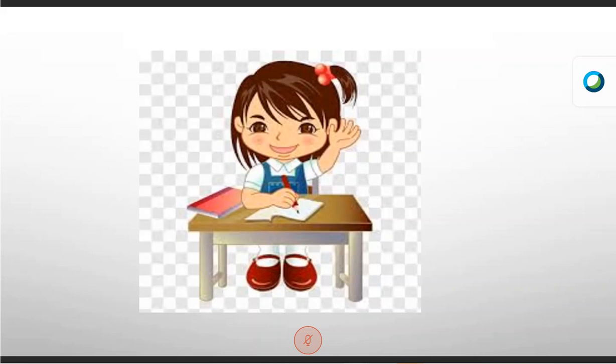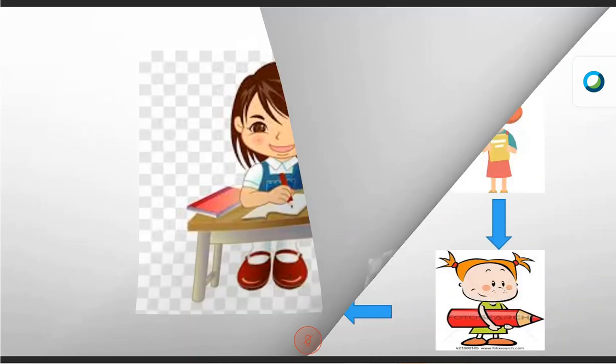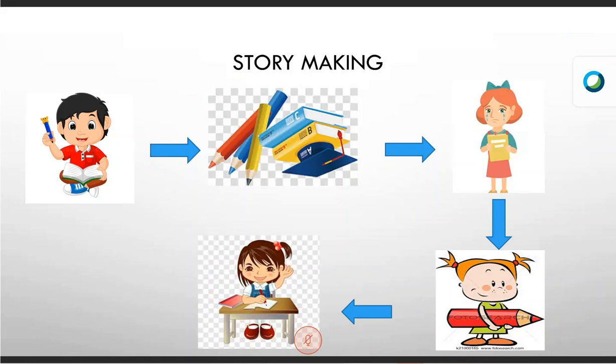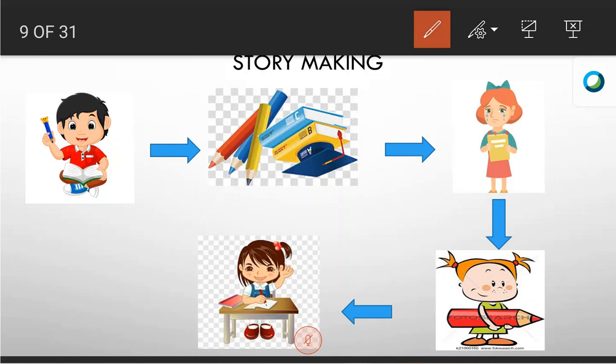Now the girl is happy. Now can you guess what the story is? Can you guess what the story is? What is the second girl doing? The second girl is having a pencil.